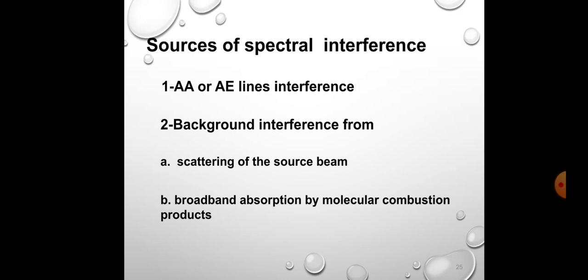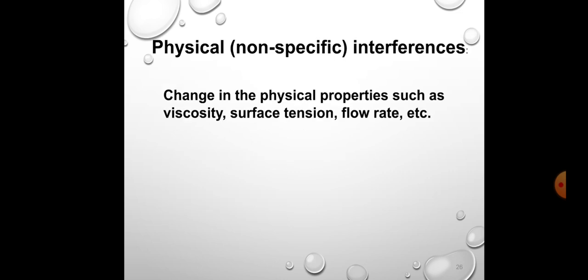Also, we may have some molecules that have molecular bands instead of lines. So broadband absorption by molecular combustion products is another type of background interference, and this one is much more important.